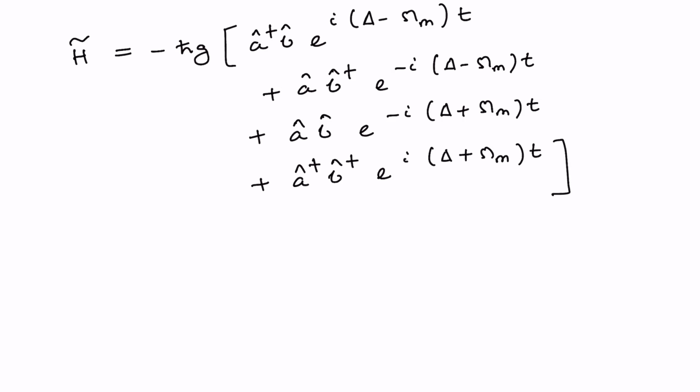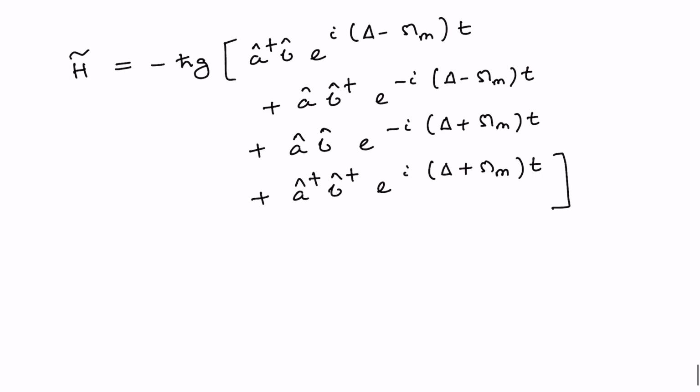So this is the new form of the Hamiltonian after this unitary transformation. Please note that by making the unitary transformation, we are actually going over to the interaction picture so that we can focus on the optomechanical interaction a bit more closely.